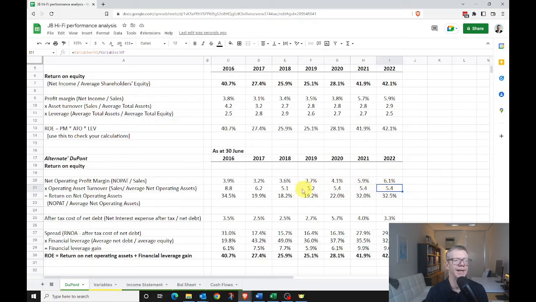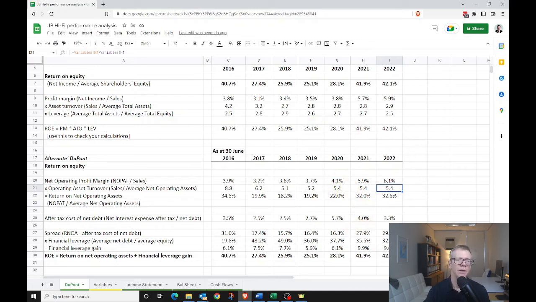The operating asset turnover also increased a little bit during 2021-2022, the pandemic period. One reason for that is the increase in online sales relative to in-store sales during the lockdown, and online sales require less hard assets, so less physical store presence. So that's one reason why we might expect the operating asset turnover to go up relative to, say, the total asset turnover.